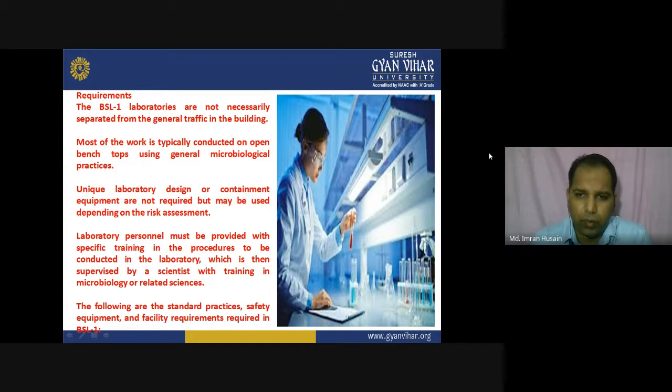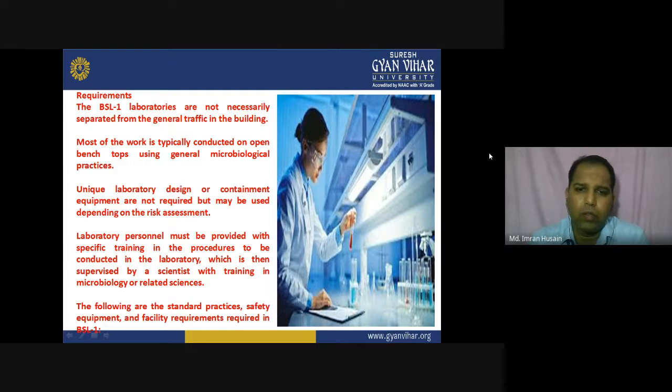But those equipments, such as biosafety cabinets, are not part of BSL-1. Although if you want to install them or work with them, you can bring them in. BSL-1 has vacant space where you can install these facilities. But in the real working scenario, it is just an open benchtop where students practice their skills and are just learning.